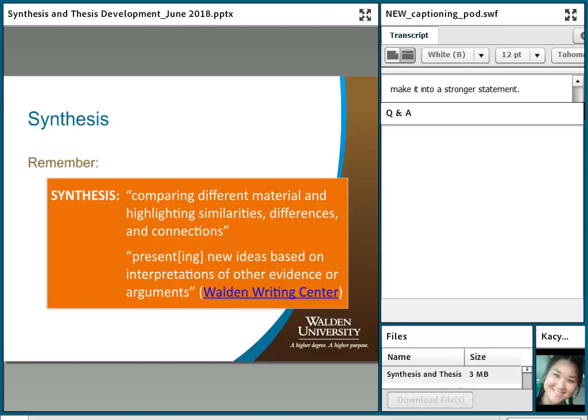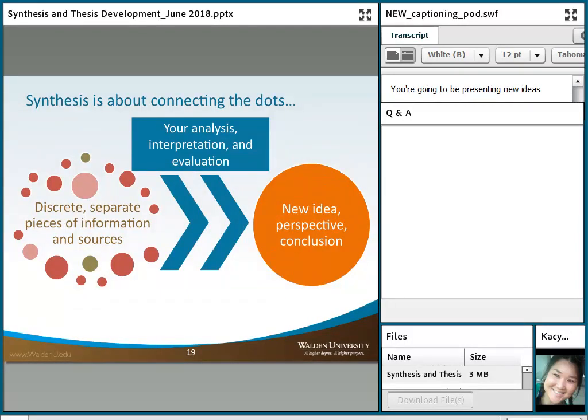So we're going to move on to synthesis. And we want to remember that for our definition, we're going to be saying that synthesis is comparing different materials to highlight similarities, differences, and connections.